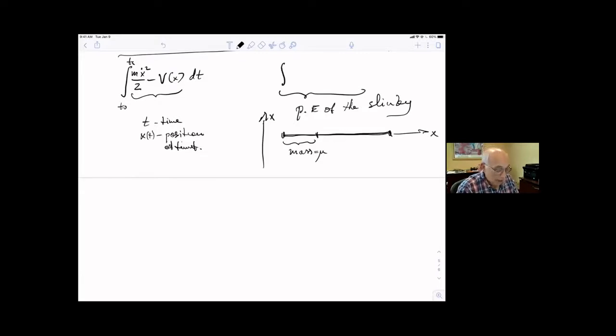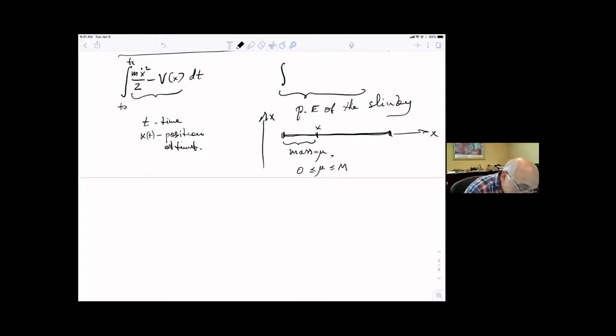I don't want to call it M because M is in the dynamical problem. So that's the mass, mu, and what is the range of mu? Mu goes from 0 to the total mass, right? The capital M is the total mass of our object.